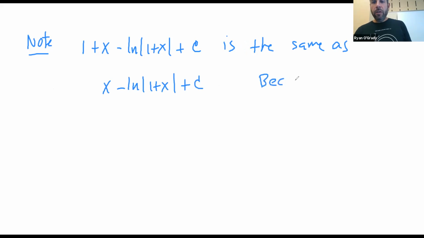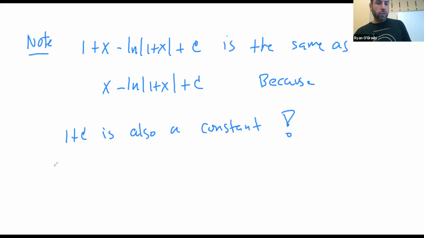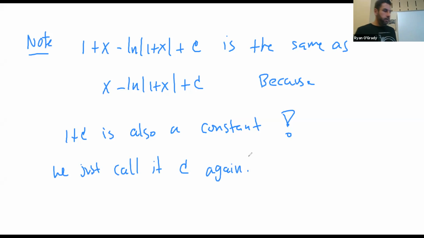Why? The reason is because 1 plus c is also a constant. So we just call it c again. That's all. And we'll do that in some other instances this semester as well. It's a very useful thing to do. But either way, if you take either one of these expressions and differentiate it, what do you get?